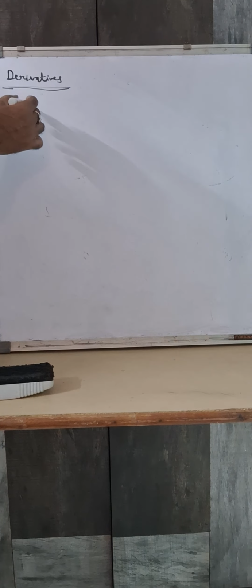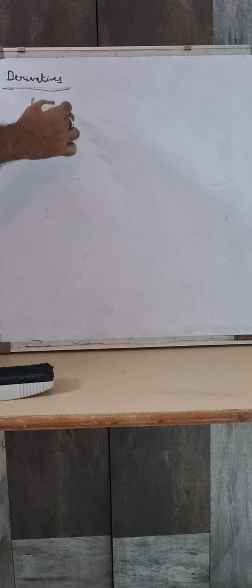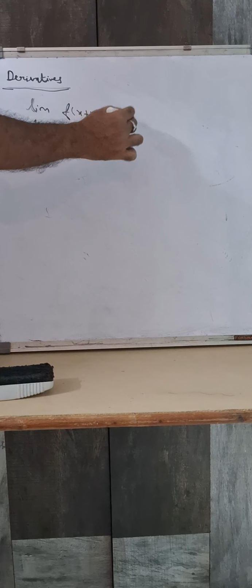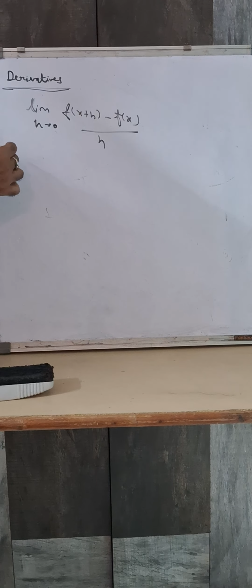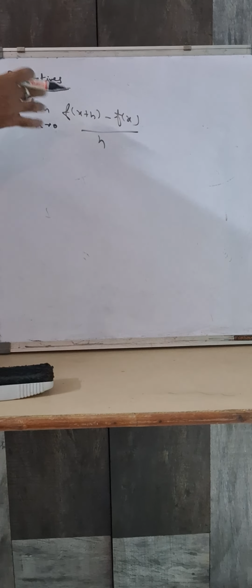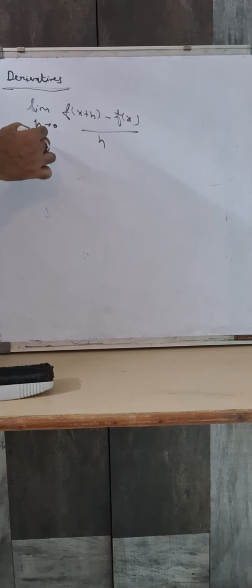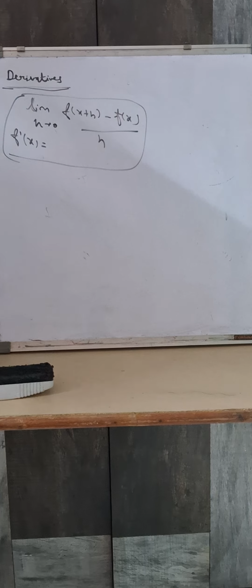If f is a real valued function and the limit exists, such that the limit as h tends to 0 of f(x plus h) minus f(x) upon h exists, then the derivative f dash x equals this. This is called the first principle of derivative.